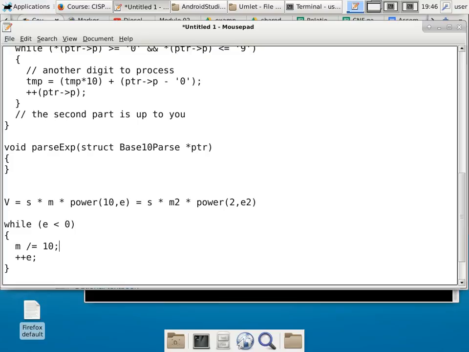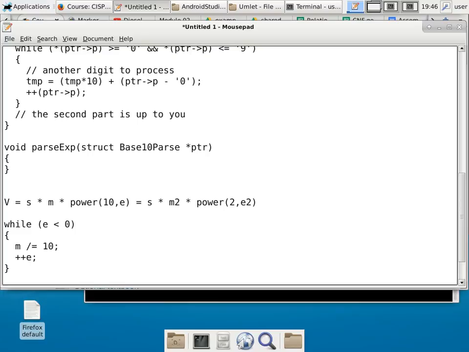This e is negative to begin with, so I want to increment the e. So can I say, do it that way. I just separated the numerator and the denominator and regrouped things a little bit, okay?